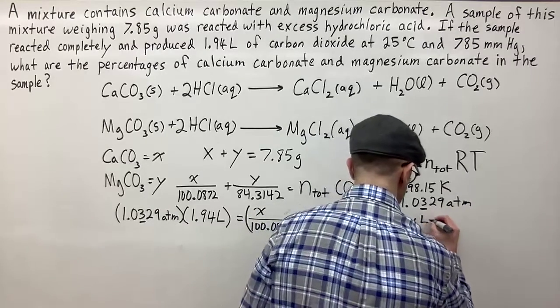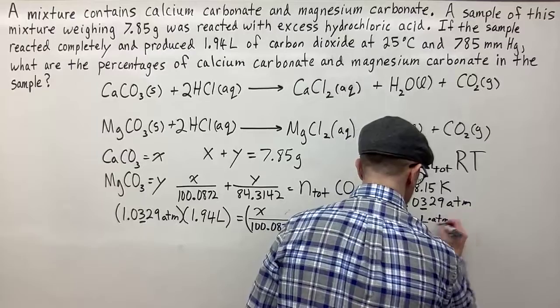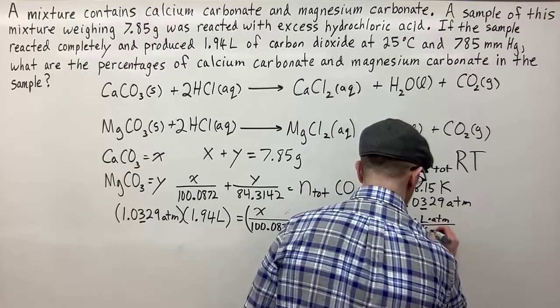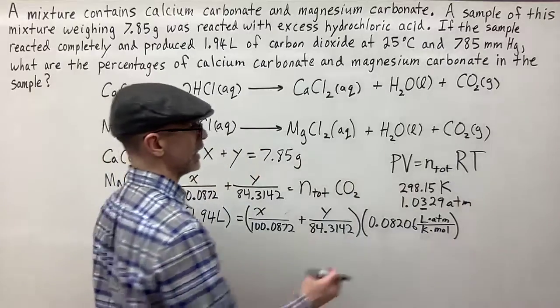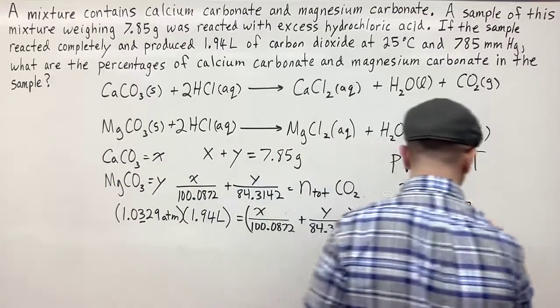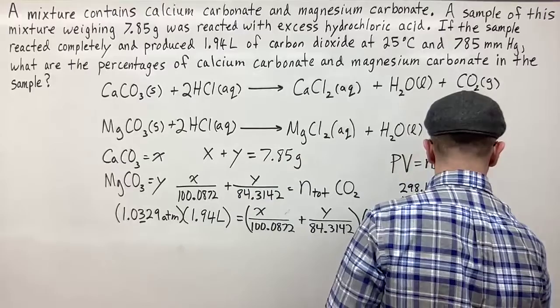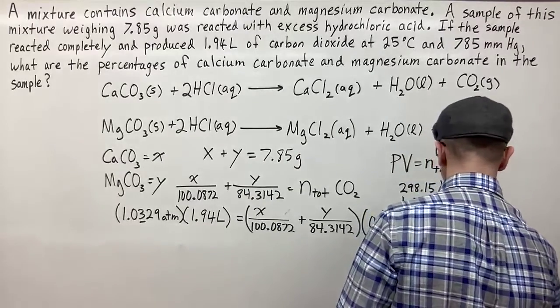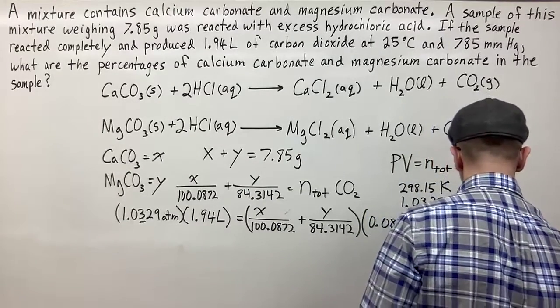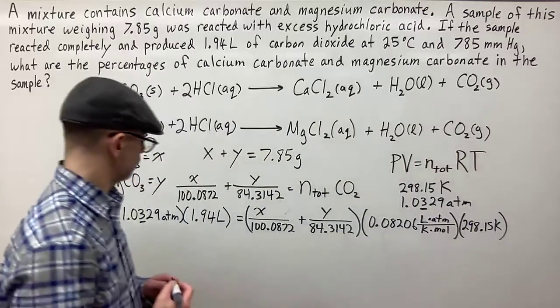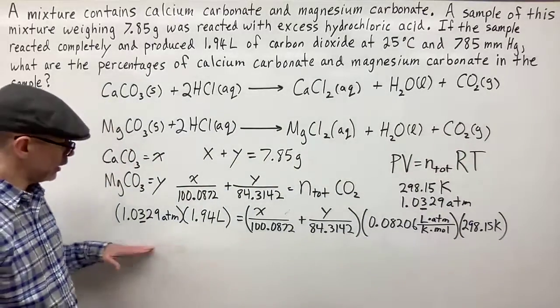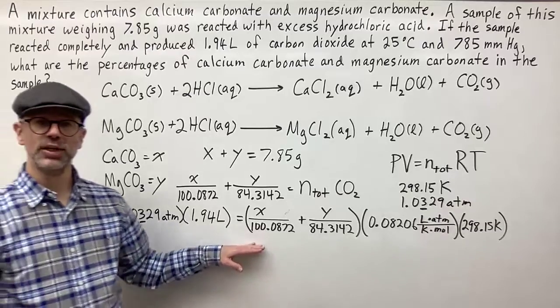And that's again liter atmospheres over Kelvin mole. And finally multiplied by the temperature, which is 298.15 Kelvin. Okay, so here's my equation. Here's the PV equals nRT.